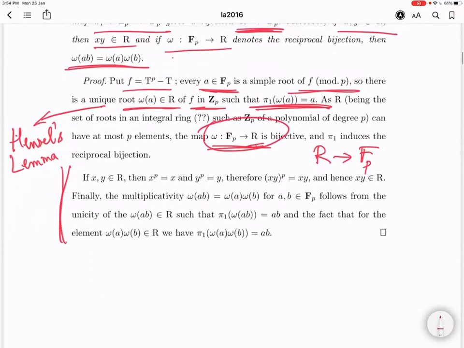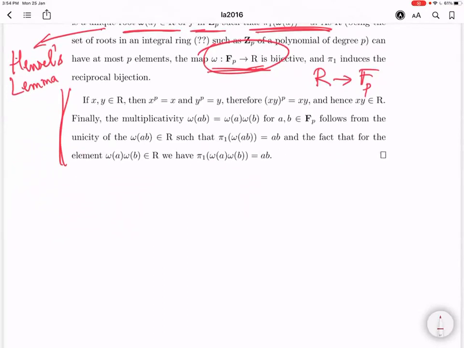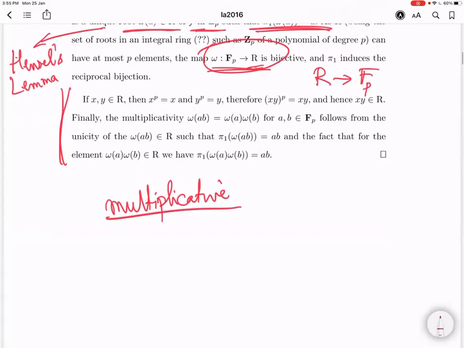Now here is where I prove that this omega is bijective. It is not only bijective, but it's also multiplicative. How do I show it? So first I show that if x and y are in R, then so is xy. x is in R means that x to the power p is equal to x. y is in R means that y to the power p is equal to y.